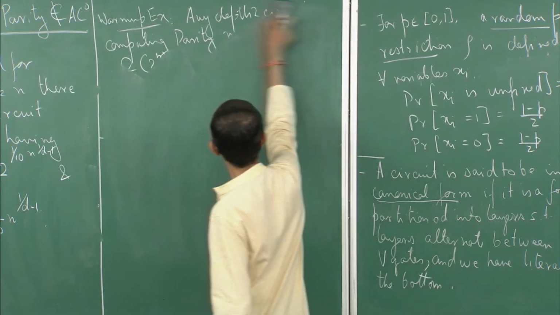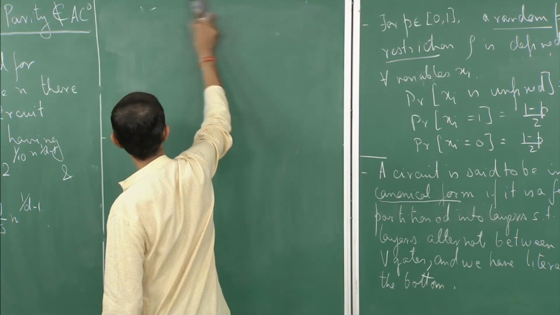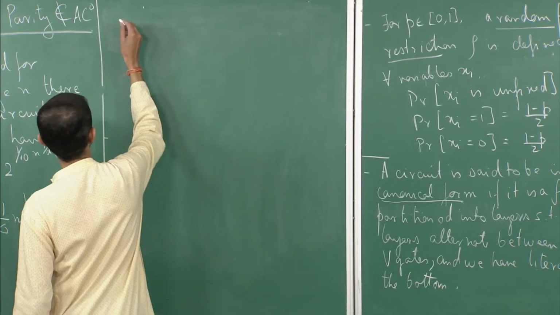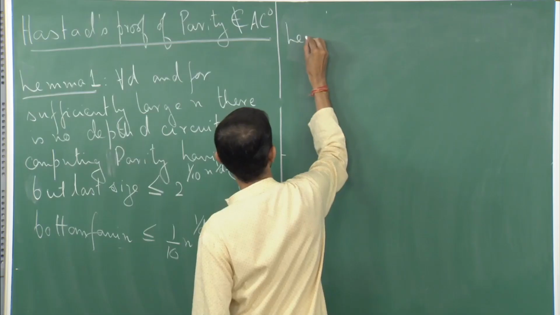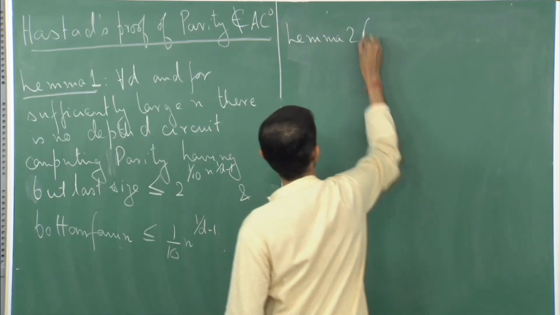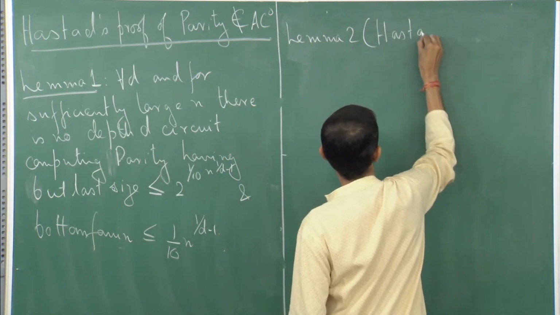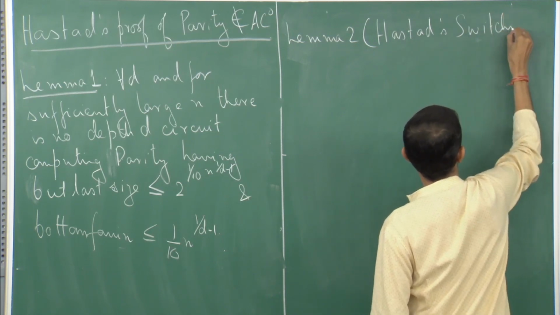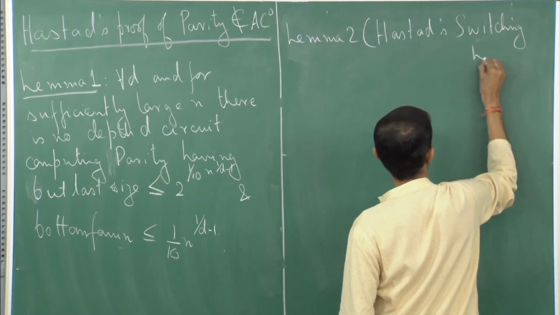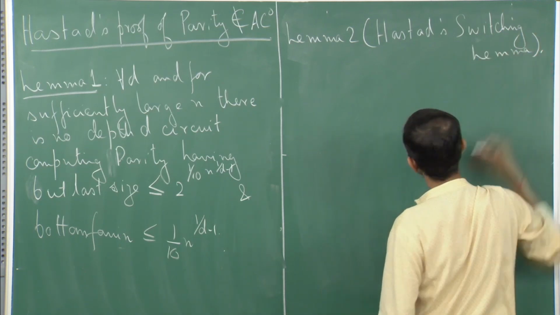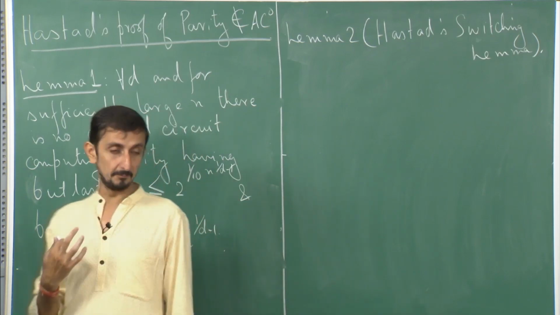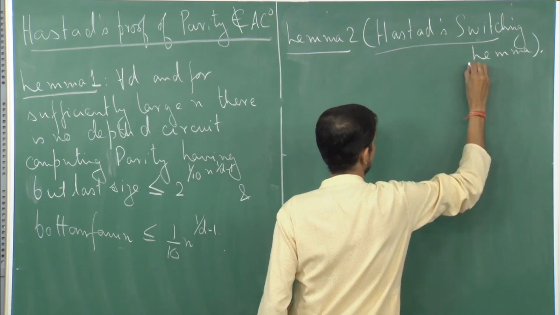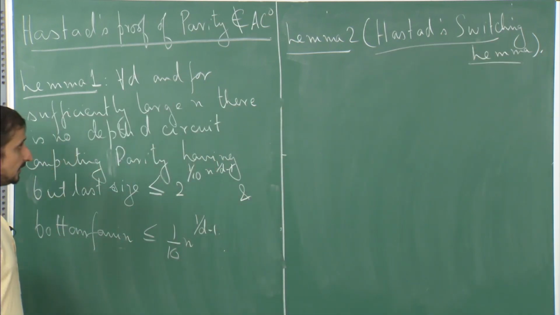To prove this lemma, what he actually gave is what is popularly known as Hastad's switching lemma. Actually this is not just a lemma, this is quite a complicated result, much more than just a lemma, but this is what it is popularly known as.